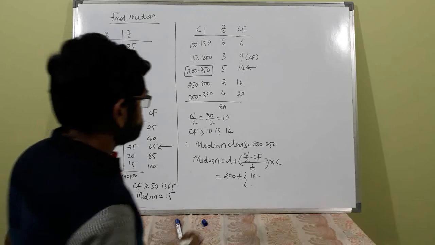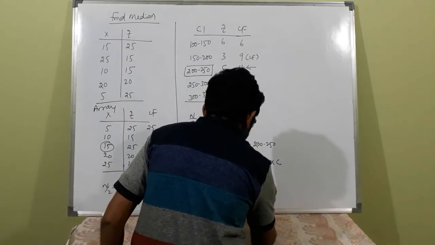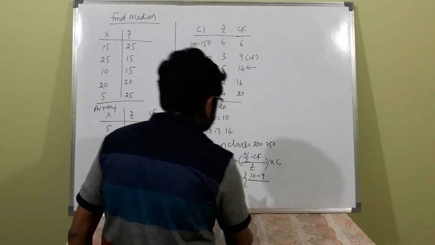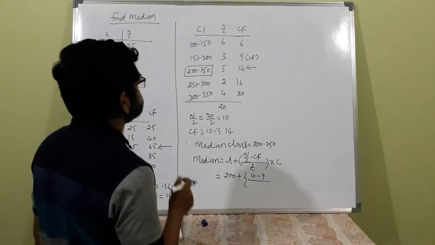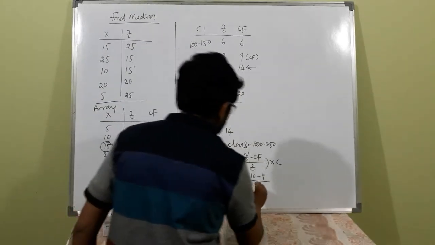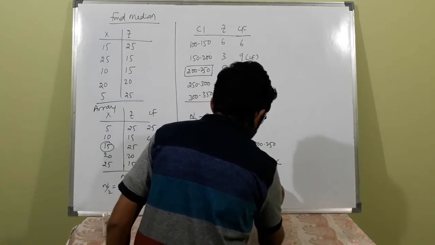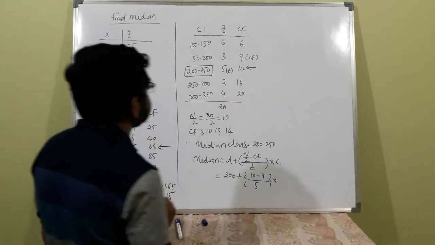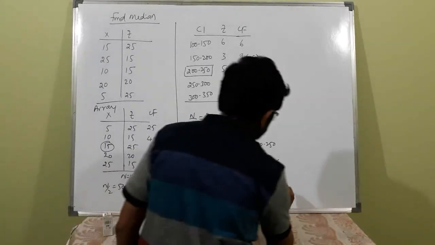So minus 9, divided by f. F is 5. Now the width of the median class is 50.